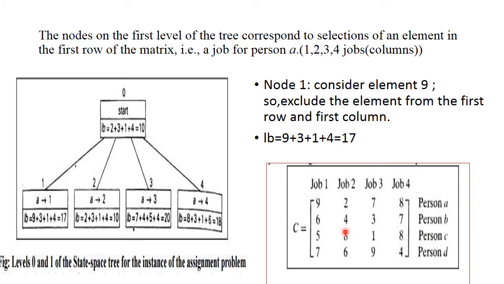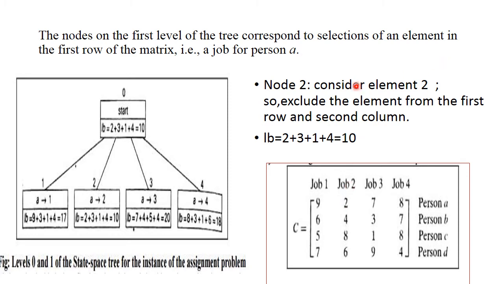So we have considered element 9 for person A. For person B, you can't include the first column, as this row and this column are excluded from the calculation. That's why out of 4, 3, 7, 3 is minimum, out of 8, 1, 8, 1 is minimum, and out of 6, 9, 4, 4 is minimum. When you add it up, you get 17 as the lower bound.